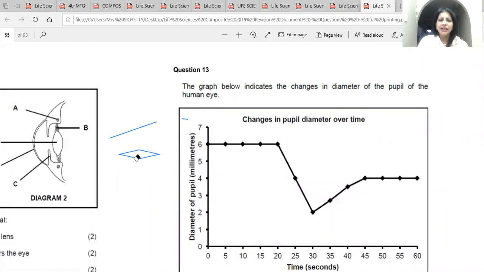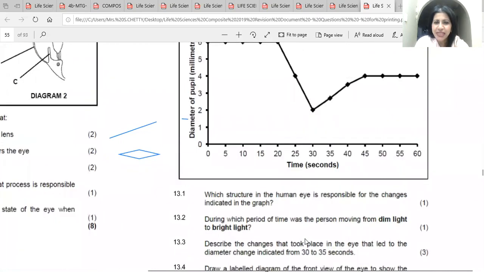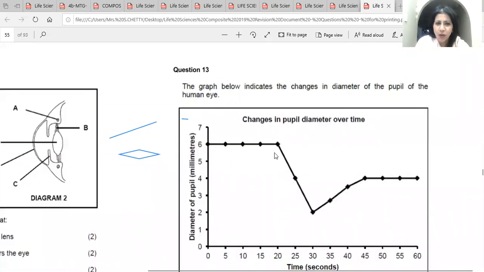Okay, and then you're going to draw your iris inside of that, and you're going to draw your pupil. Now, what size will be the pupil, my babies? At 20 seconds, going up the graph, it was 6 millimeters.